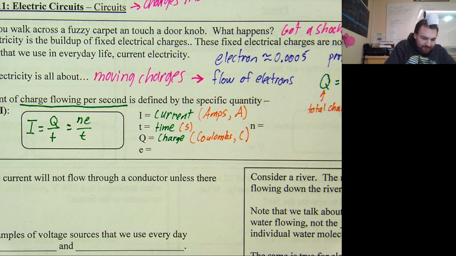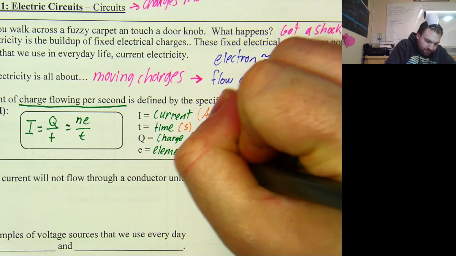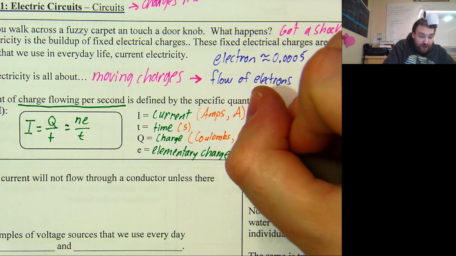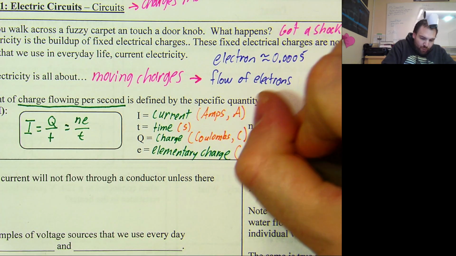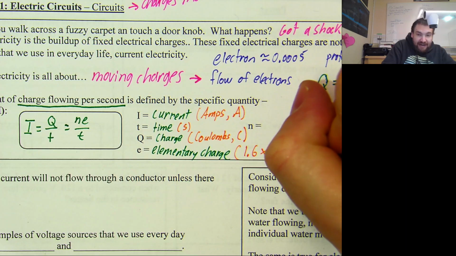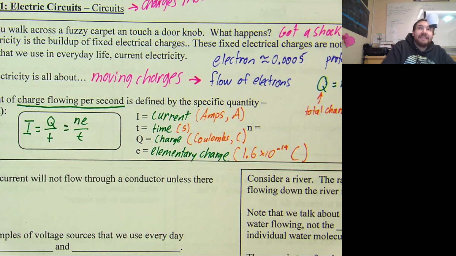E is the elementary charge. I'll give you the value for that. The elementary charge is 1.6 times 10 to the negative 19 coulombs. That is the amount of electric charge held by one electron.